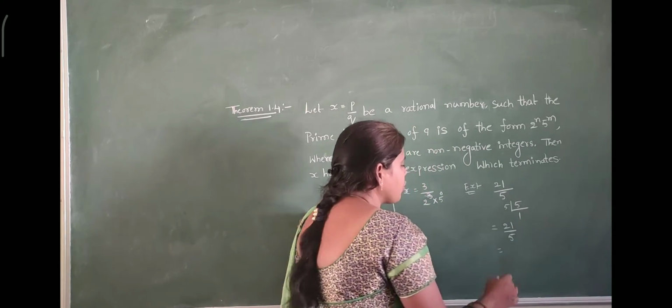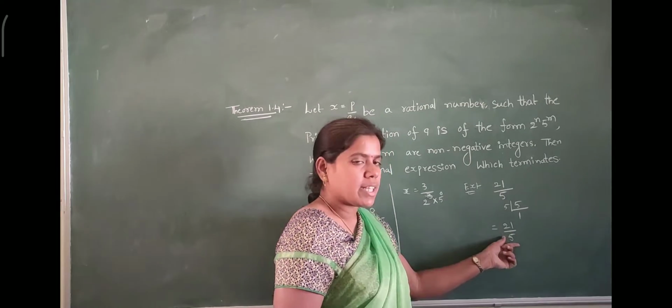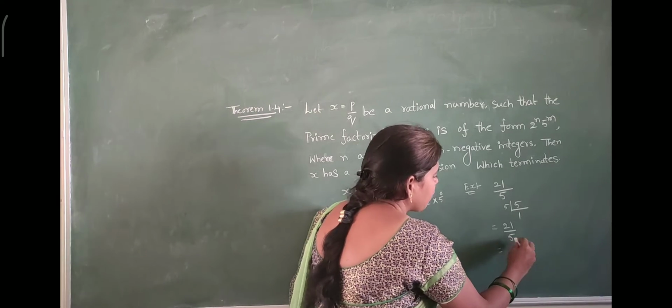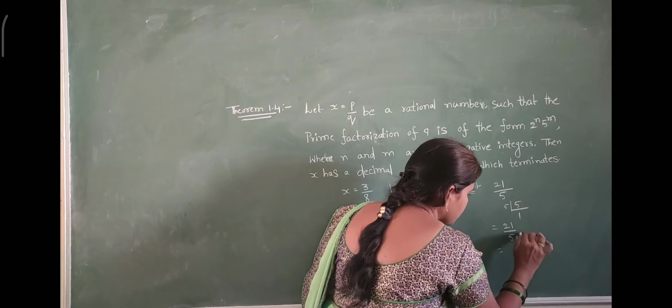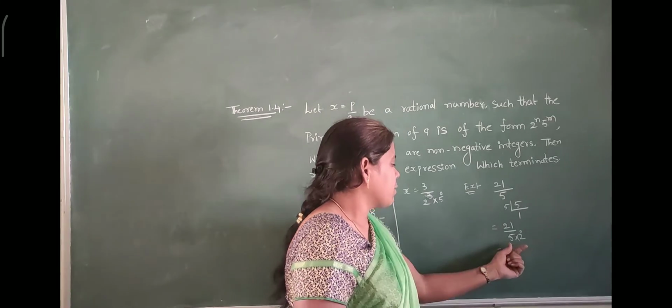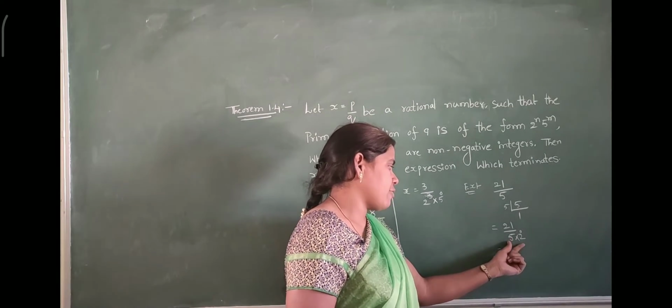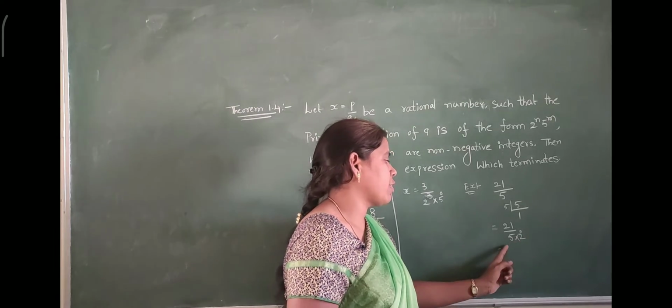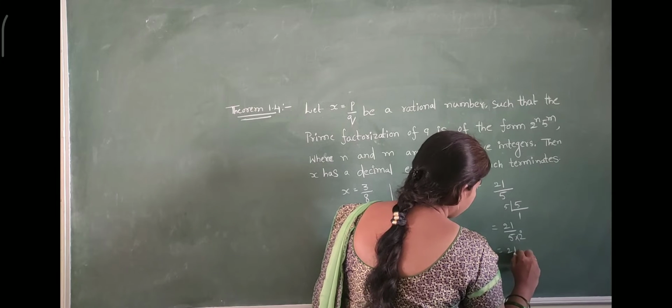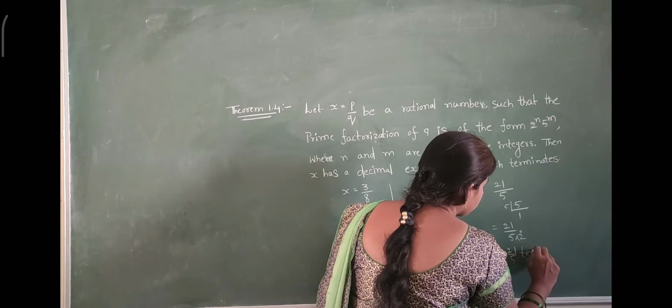If you observe, the prime factorization of the denominator is in the form of 5 to the power of m into 2 to the power of 0. Any number to the power of 0 is 1. The prime factorization of the denominator is in the form of 2 to the power of n into 5 to the power of m. So this 21 by 5 terminates.